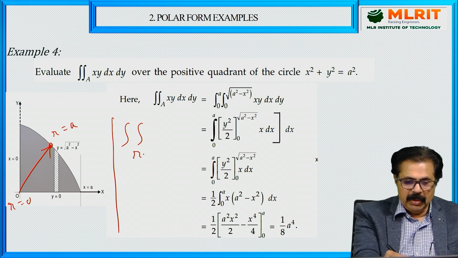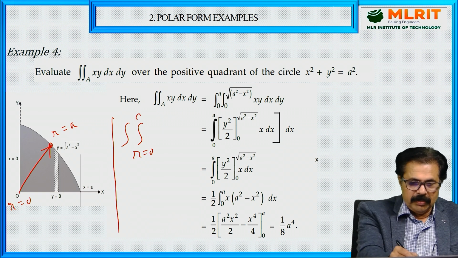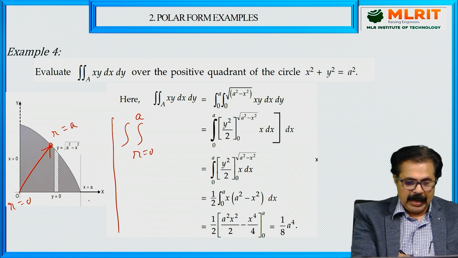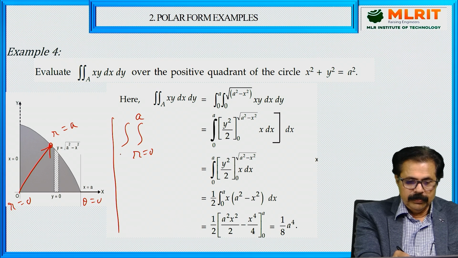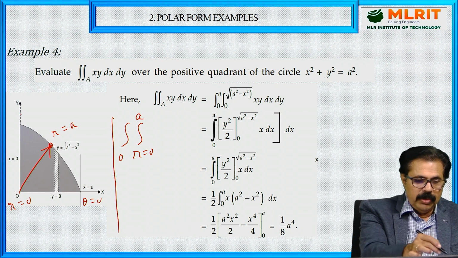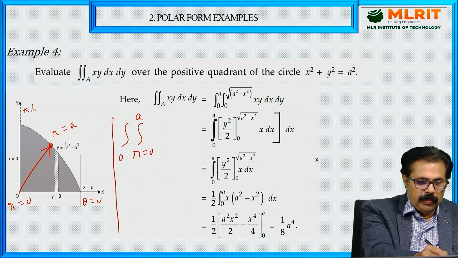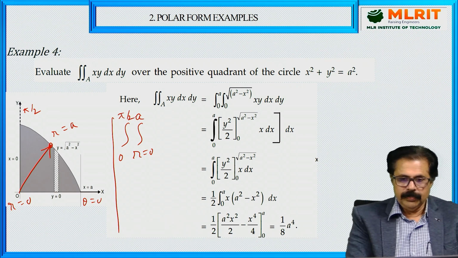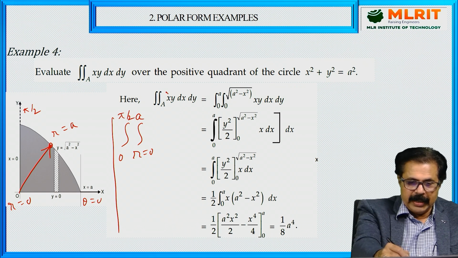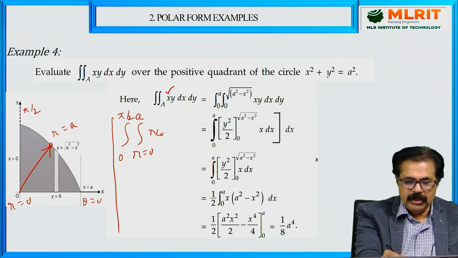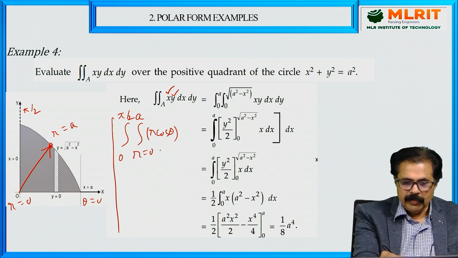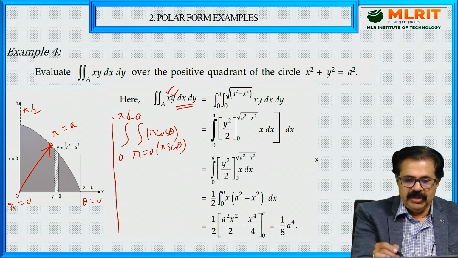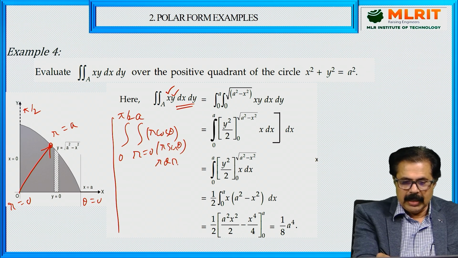So the minimum radius is 0, the maximum is a, and this is theta equal to 0 and this is theta equal to pi by 2, so theta goes from 0 to pi by 2. Next, substitute for x, r cos theta. Substitute for y, r sin theta. Substitute for dx dy, r dr d theta.